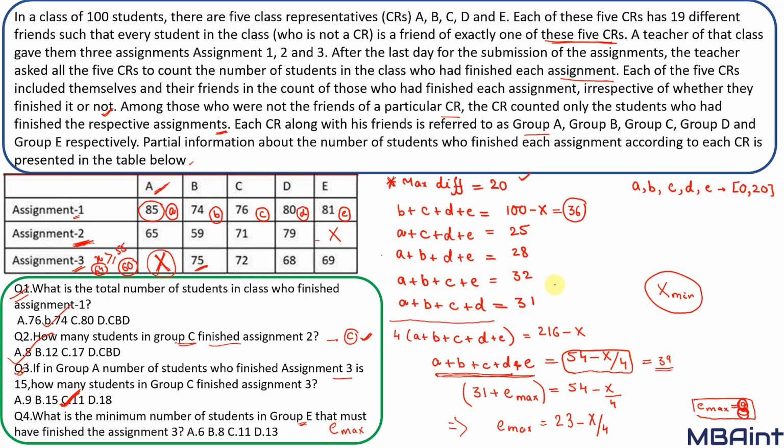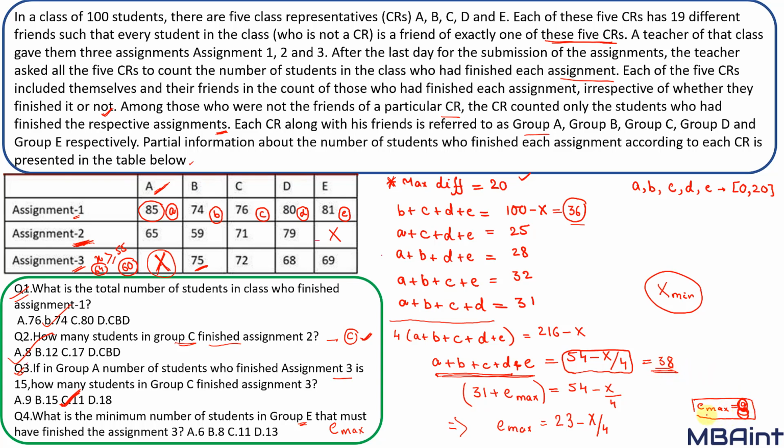We have taken x equals 64, so 54 minus 16 gets us 38. Now this is not violating, because b plus c plus d is 36 and the other sum is 38, which is greater than 36.